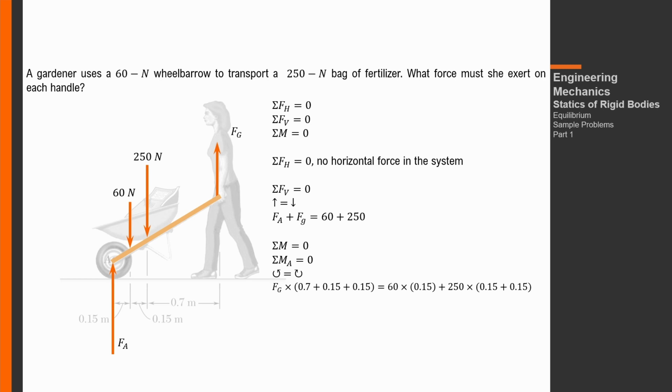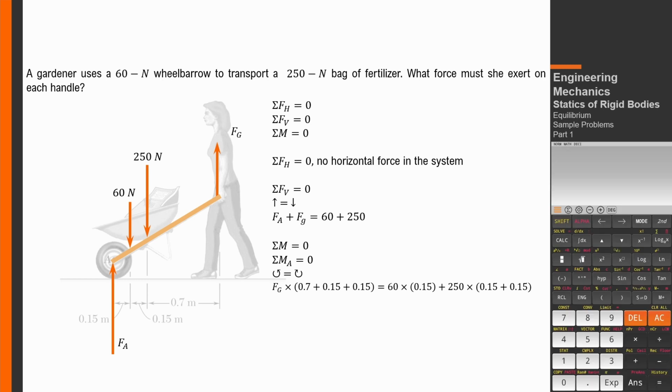Yung distance ng 60 Newton force dun sa point A, perpendicular distance, so 0.15, tapos yung 250, so 0.15 plus 0.15. So, divide na lang yung coefficient ng force G dun sa terms sa right side. So, 60 times 0.15 plus 250 times 0.15 plus 0.15 over 0.7 plus 0.15 plus 0.15. So, therefore, force exerted ng gardener ay 84 kilonewtons upward.